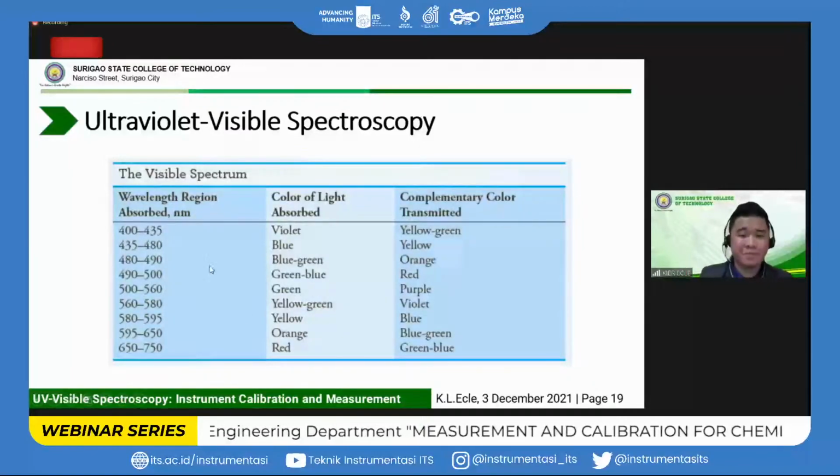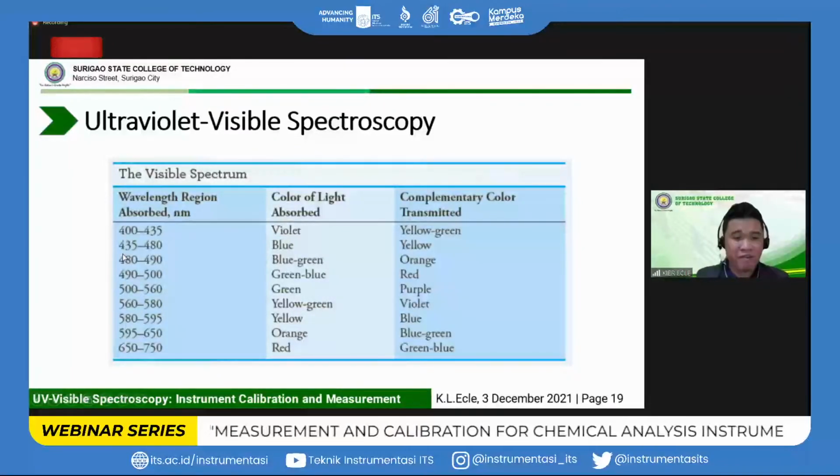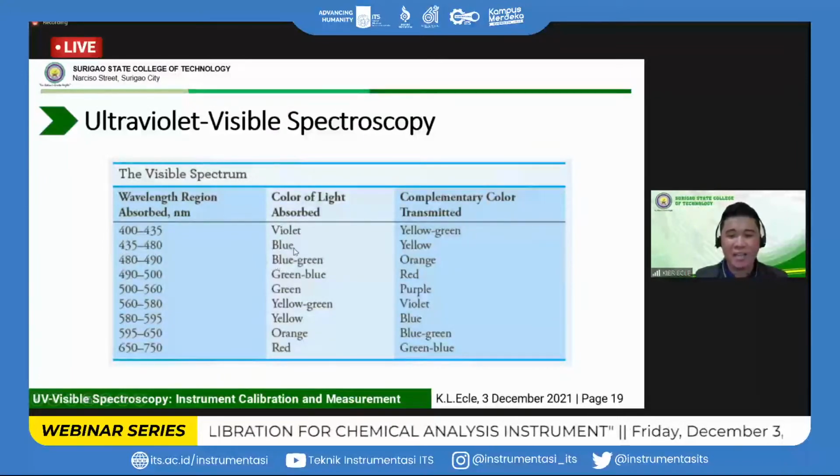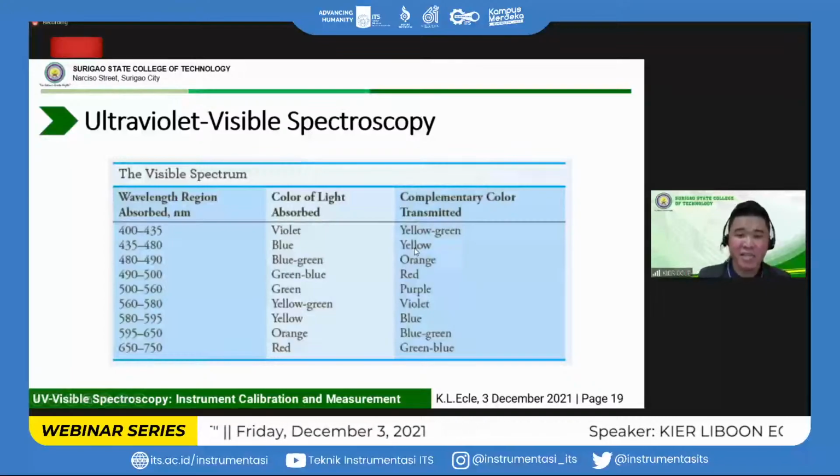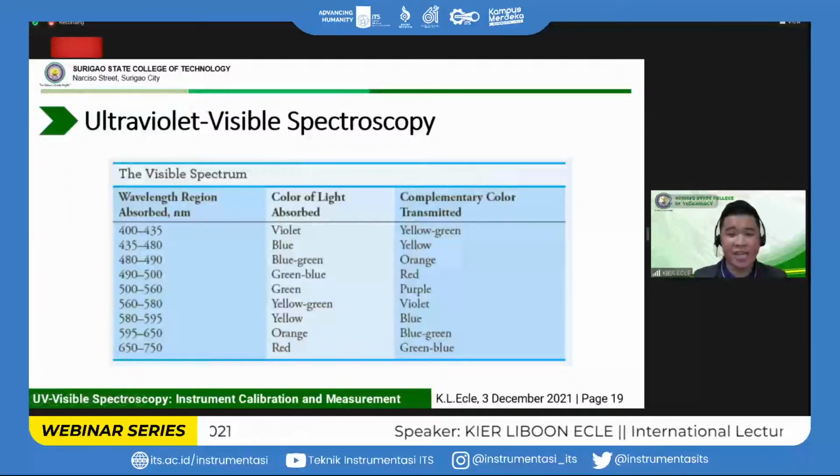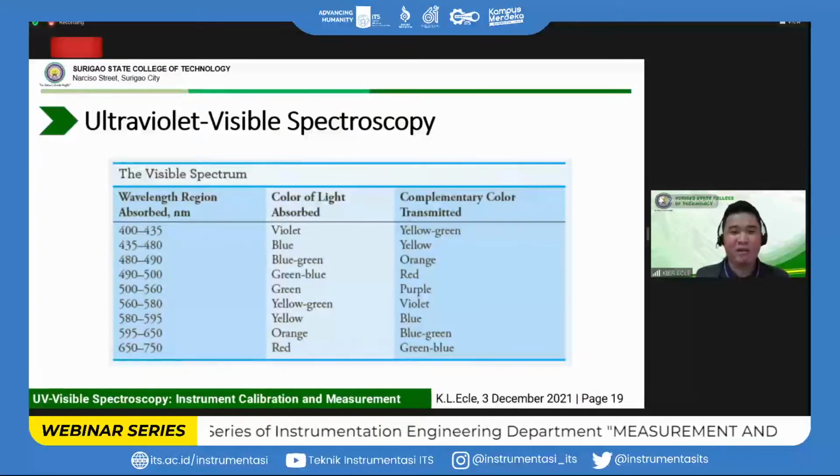And so on. You have 435 to 480 that is blue, and the complementary color that is being transmitted is yellow. Later we will have the working principles of the UV-Vis instrument.